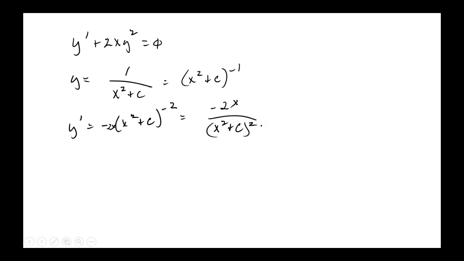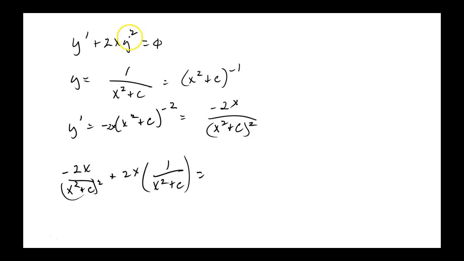Okay. Now, let's see if this does fit up here. This will be a minus 2x over x squared plus c squared plus 2x times 1 over x squared plus c, all squared, because that's y squared.